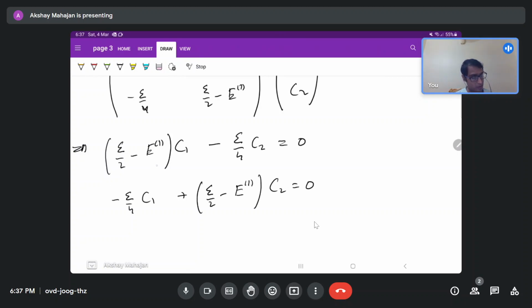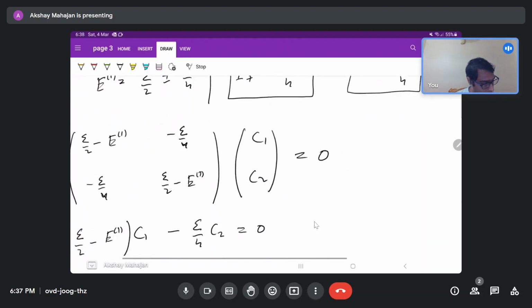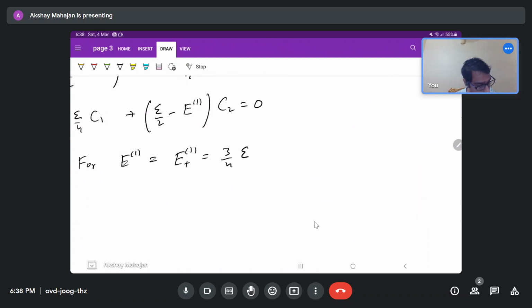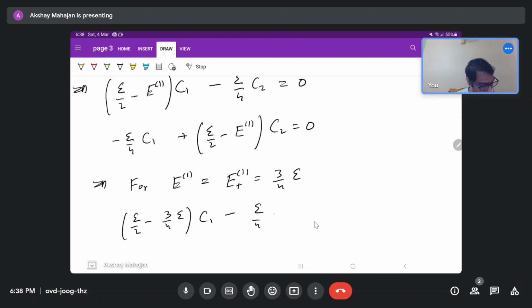We have epsilon by 2 minus E1 times C1 minus epsilon by 4 times C2 equals 0, and minus epsilon by 4 C1 plus epsilon by 2 minus E1 times C2 equals 0. Now for E1 equal to E plus of 1 from the plus sign, which is 3 by 4 of epsilon, if we put that, we get epsilon by 2 minus 3 by 4 of epsilon times C1 minus epsilon by 4 of C2 equals 0.